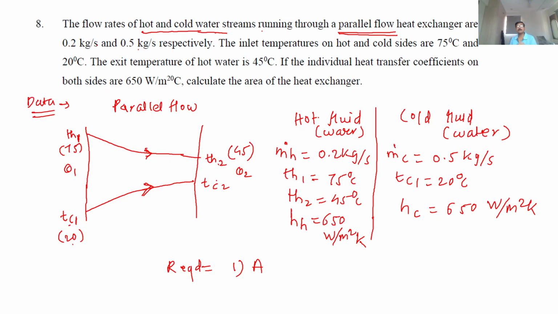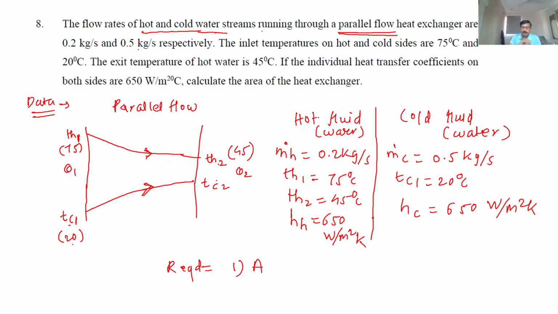But for this problem, out of 4 temperatures, 3 are known. So which condition is met? The LMTD approach we can use. And out of these two, which one is the easier method? The LMTD method is the easier method. So if there is a choice for you, I will suggest out of these two choose the LMTD approach.